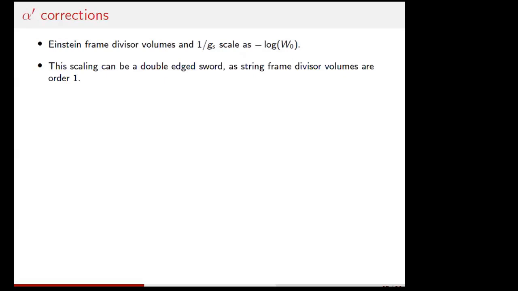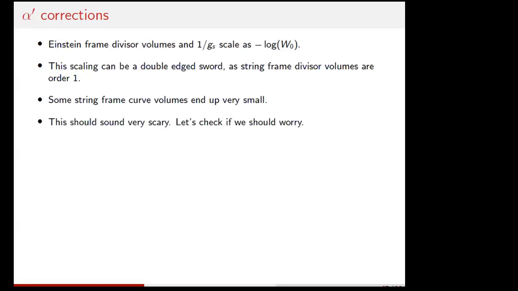String frame divisor volumes are order 1, although string frame Calabi-Yau volumes are big, just because of the fact that H11 prime toric divisors have order 1 string frame volumes and the rest of the prime toric divisors have really big string frame volume. And some string frame curve volumes end up very small. So this is indeed scary.